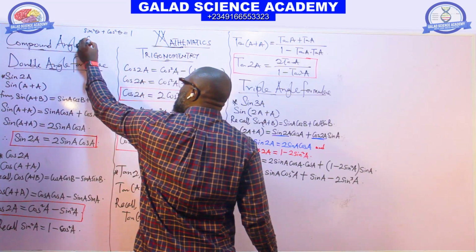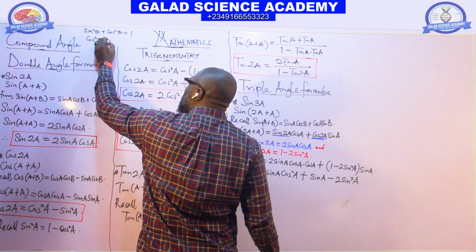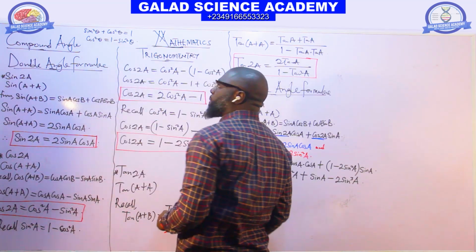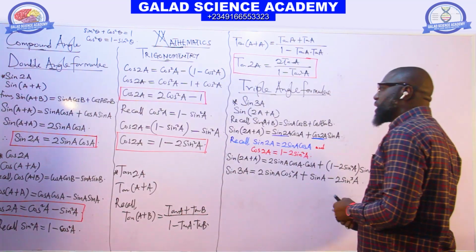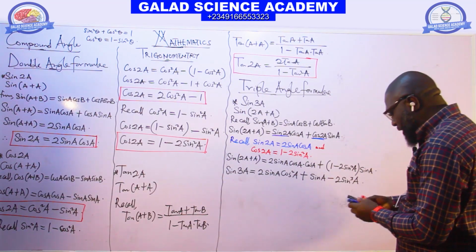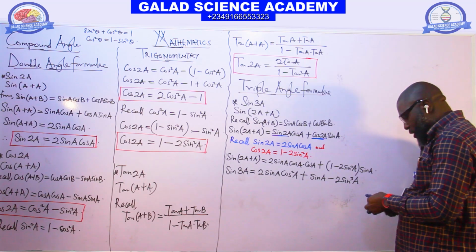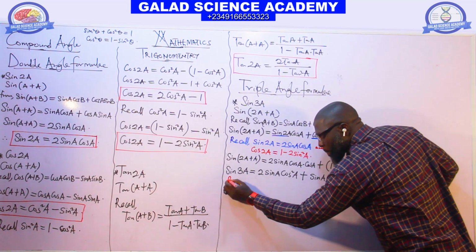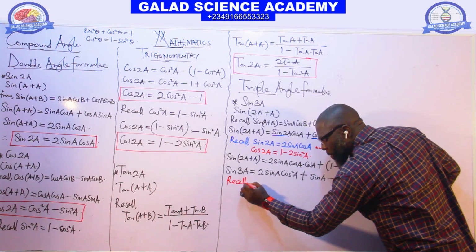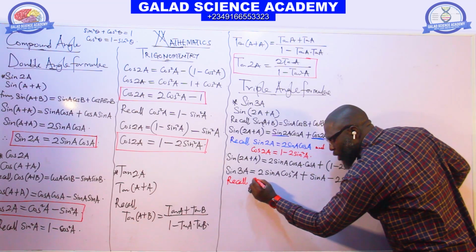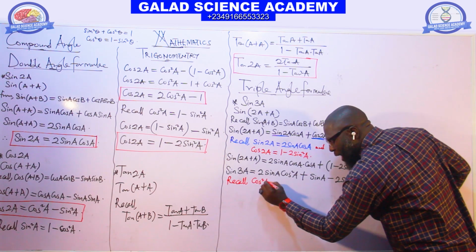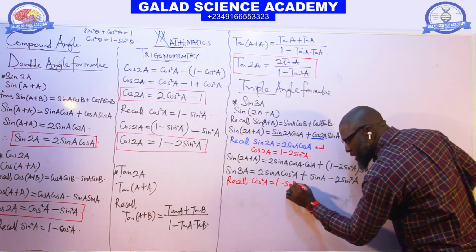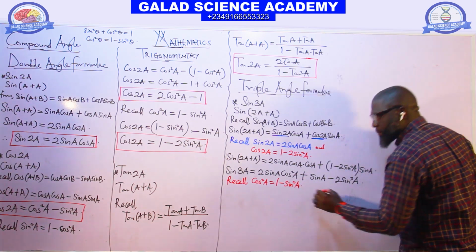From this expression, cos square theta will be equal to 1 minus sine square theta. Abi? So you can now say, recall that cos square A is equal to 1 minus sine square A.